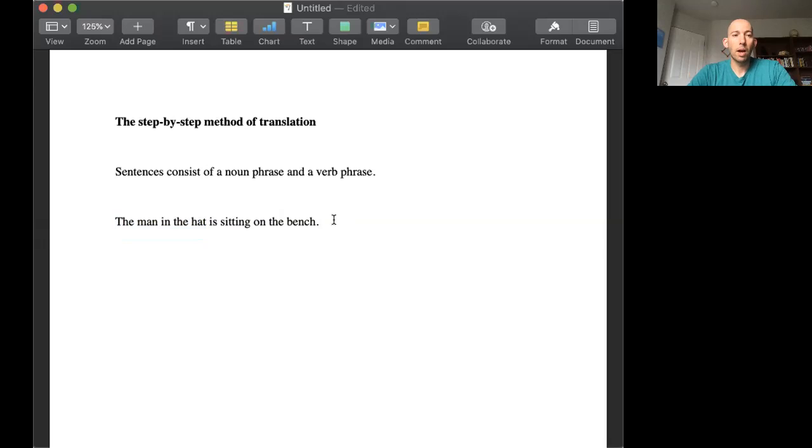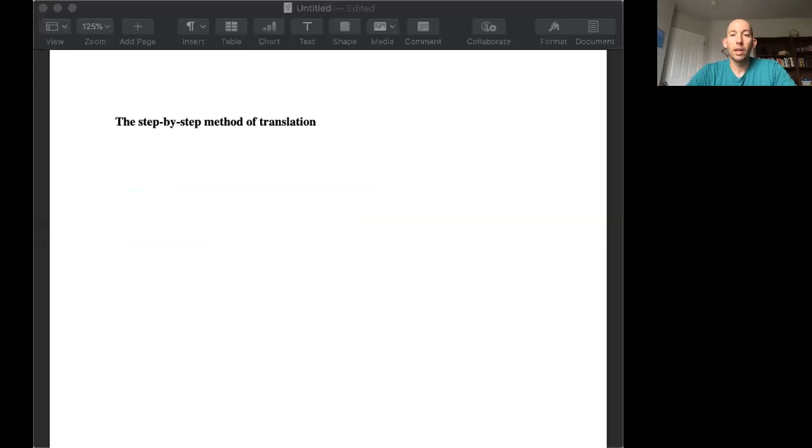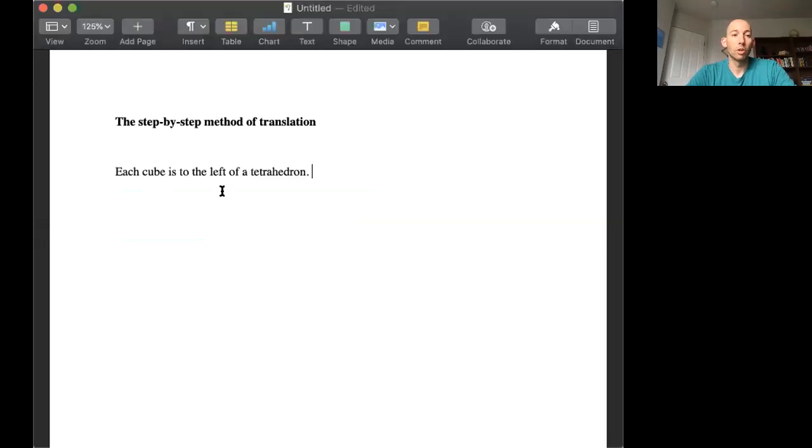So having in mind the difference between a verb phrase and a noun phrase, let's look at an English sentence that we want to translate into first order logic. The example that we get in the text that we're using is each cube is to the left of a tetrahedron.